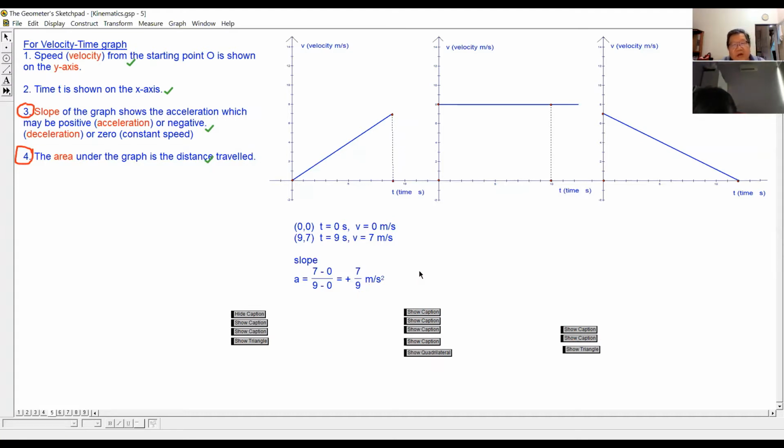Now, what is the unit for the slope? The unit on the y-axis is meter per second, and you divide by the unit here, second. So it is meter per second squared. Now I know this type of line shows a positive acceleration.